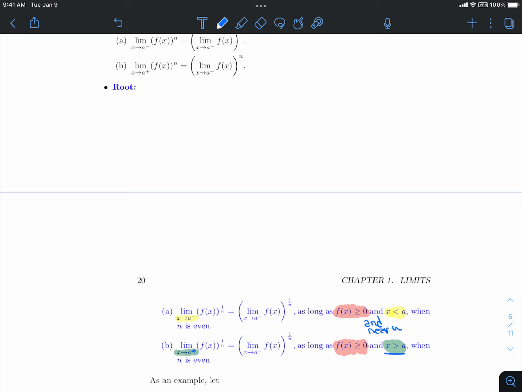It doesn't have to happen for all x. So x needs to be near a, which are the x values that we evaluate when we're looking at limits from the right or limits from the left. So just make sure that we check for that. It's pretty much the same as two-sided limits, but with this one minor change.